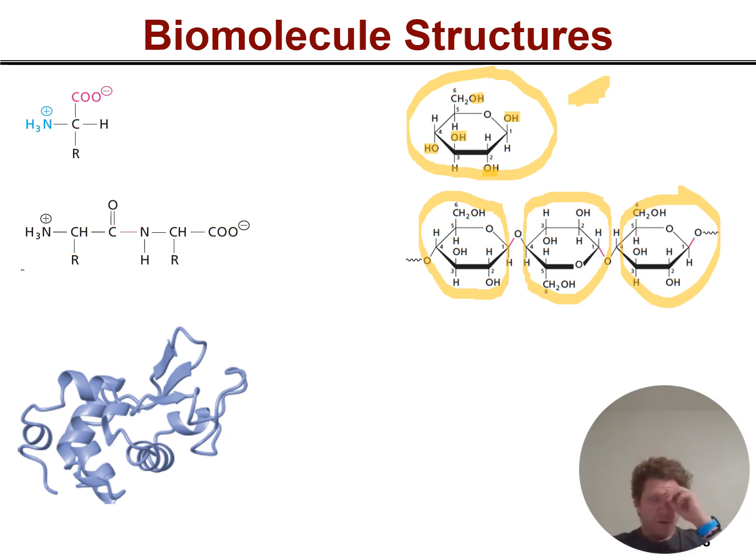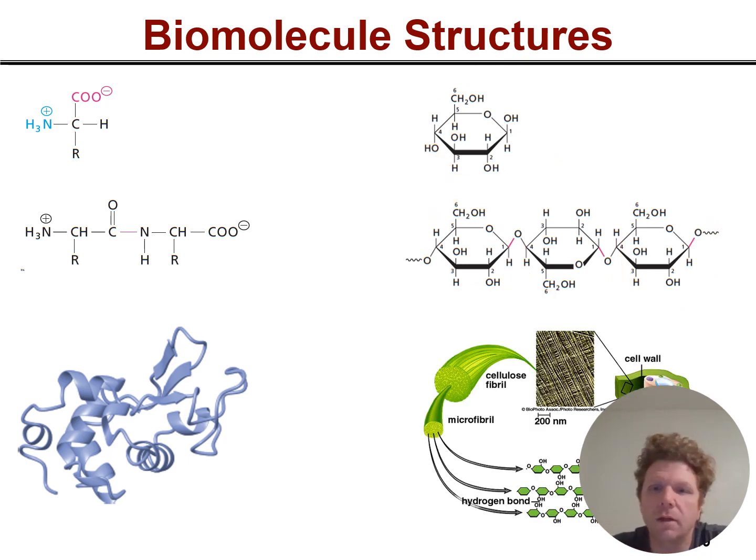Now, those multiple subunits of that sugar can combine together to make a higher order and more complex molecule, like what's shown here, where we talk about something like cellulose. Cellulose is a structural polysaccharide or structural sugar in plants that basically helps plants stand upright.